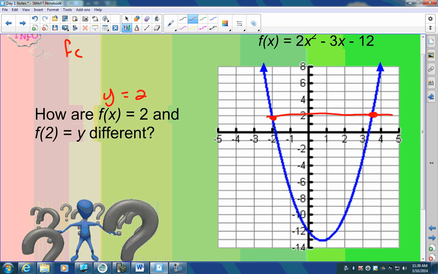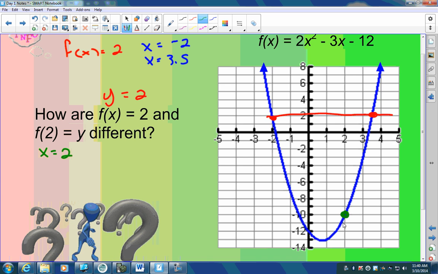So my answer is x equals negative 2 and x equals 3.5. But when it says f of 2 equals y, that's saying where x equals 2. X equals 2 is right here at this point. So my y number is negative 10.